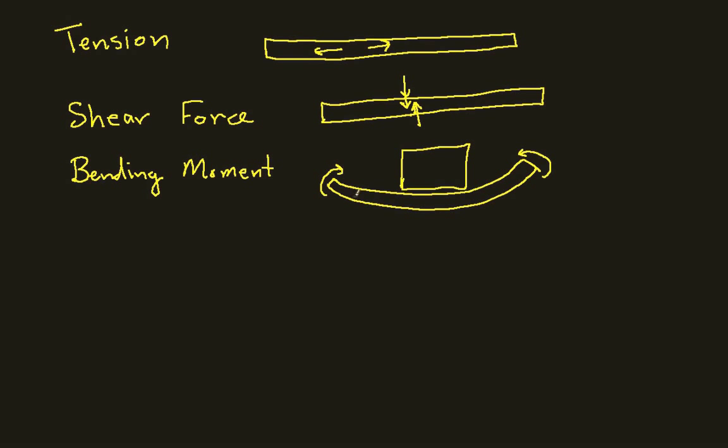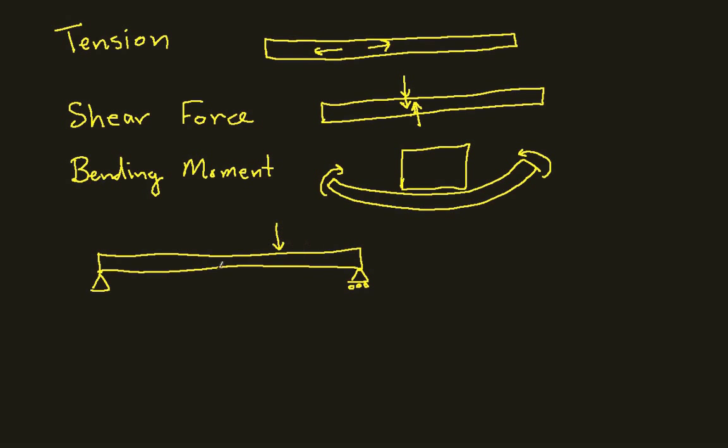So that's sort of an introduction to these internal forces. The way that we find internal forces is we take a beam, and this beam may actually be loaded in several different ways. I might have a particularly heavy thing here.